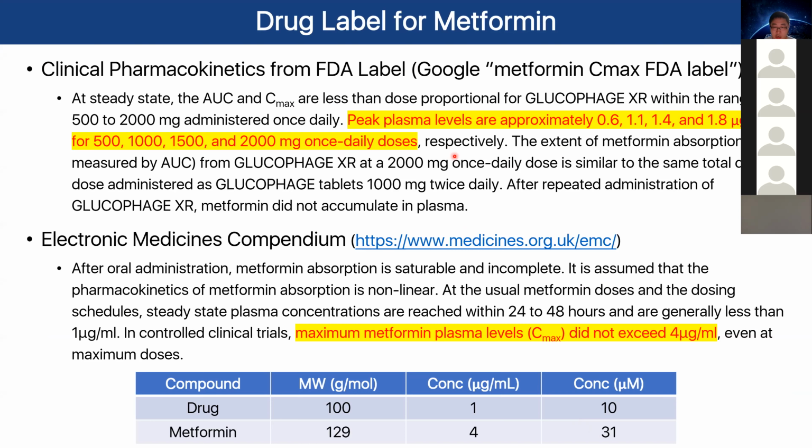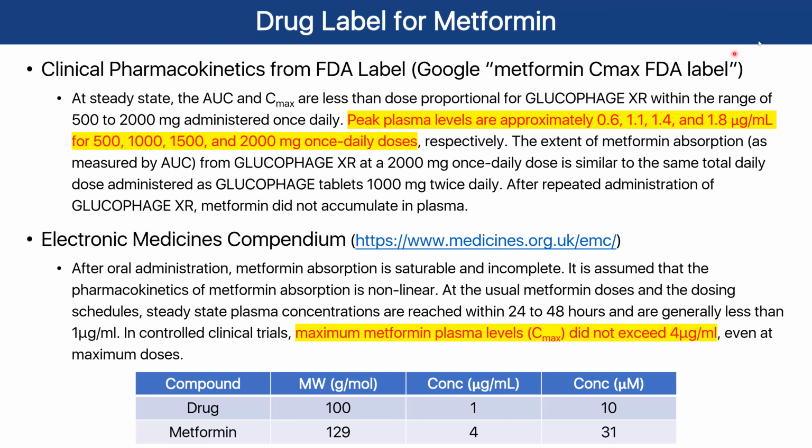So here are some examples. They say the peak plasma level is approximately 0.6 to 1.8 microgram per ml. Another report said that no matter what dose you give, the maximum concentration Cmax is 4 microgram per ml.